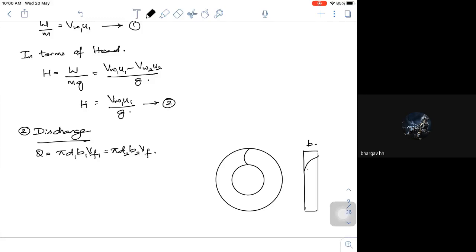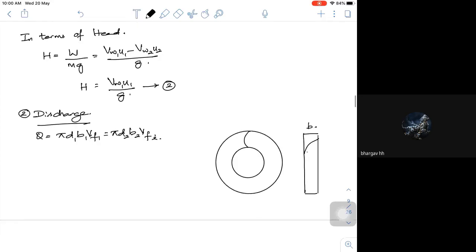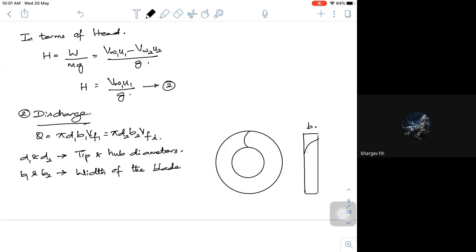So what we look at is, we try to write the expression in this way, where D1 and D2 are the tip and hub diameters. Then B1 and B2 are the width of the blades, the width of the blade at tip and hub.